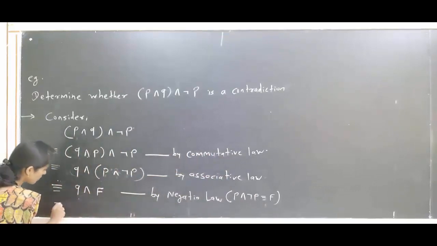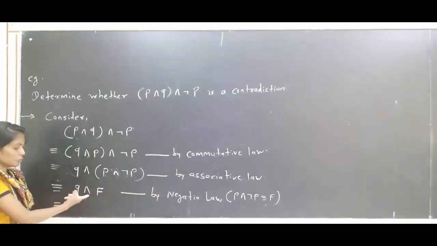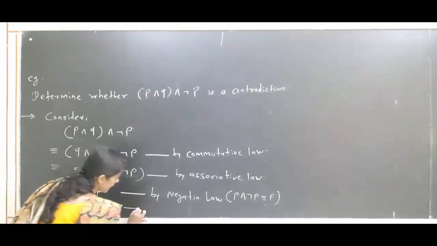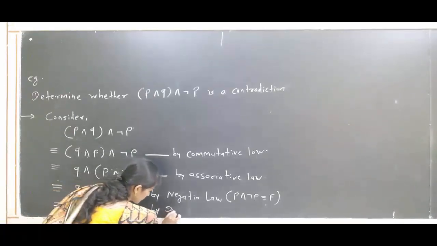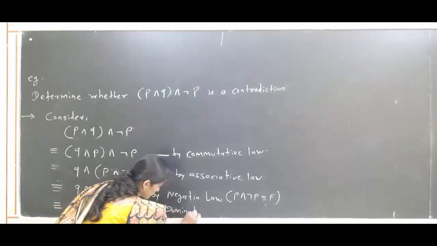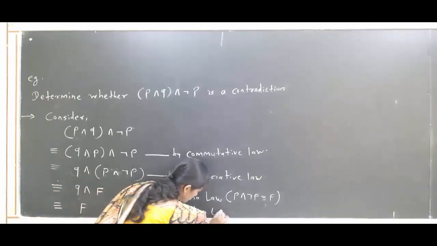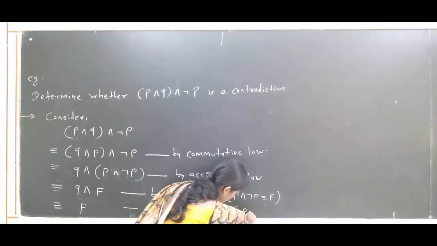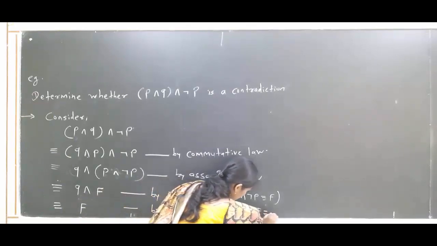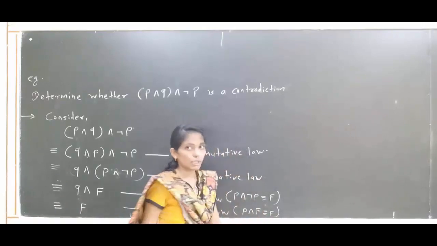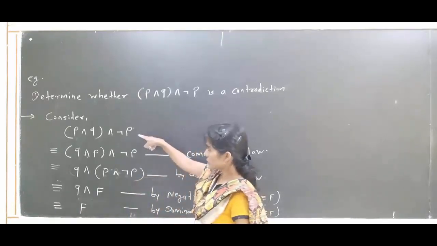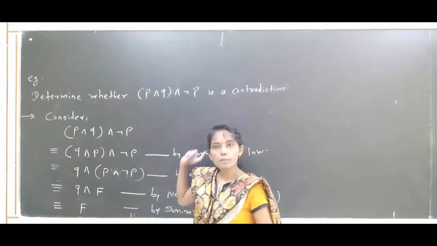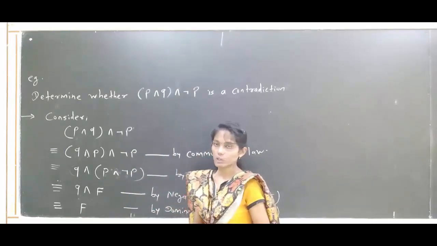And by domination law, Q conjunction F is again F. Domination law is P and F equivalent to F. So here we get the truth value of this compound proposition false. Hence the given compound proposition is a contradiction.